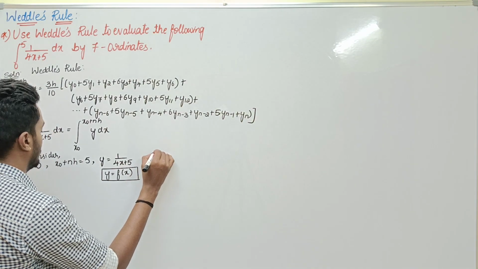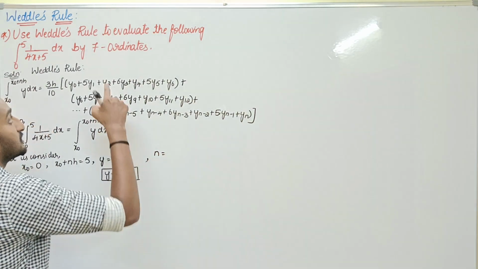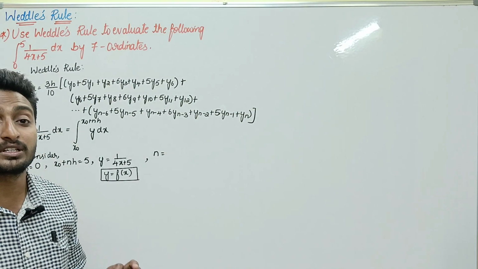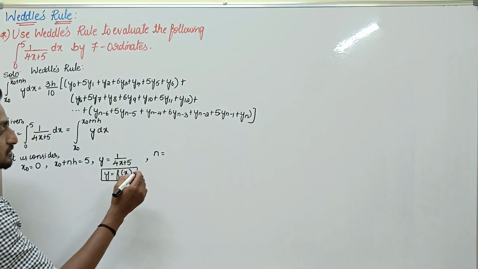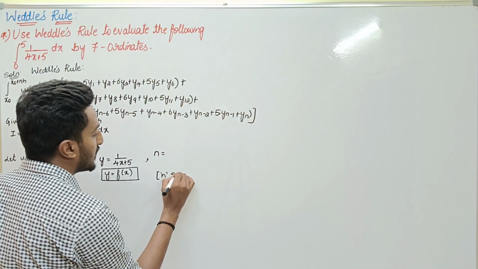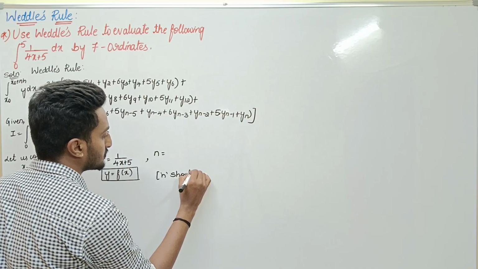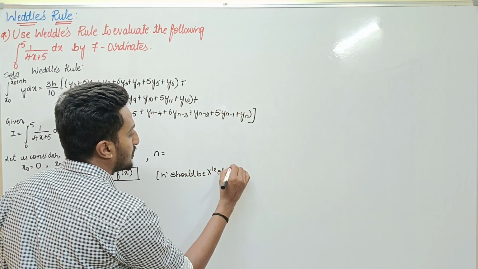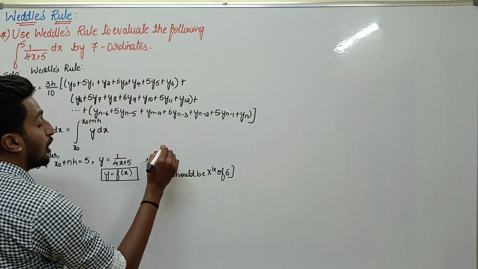Then we have n. They have given 7 ordinates, but in Weddle's rule n should be a multiple of 6. Please keep it in mind, n should be a multiple of 6, but they have given 7 ordinates.